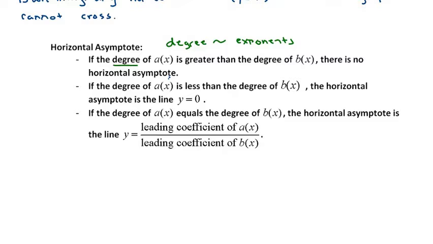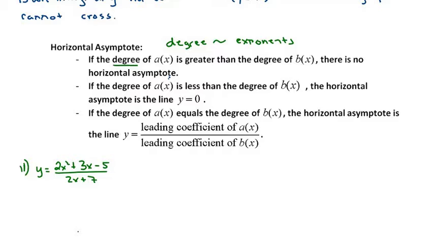So for example 1, if we have y equals 2x squared plus 3x minus 5 over 2x plus 7. I would tell you go through all the same things first. You still need to do your holes, you need to do your vertical asymptotes, you still need to simplify, and all of that stuff.